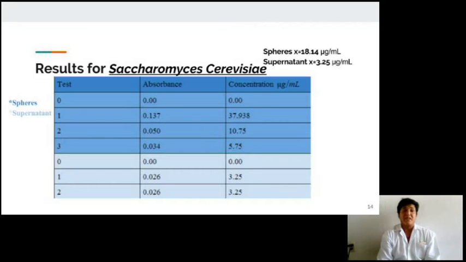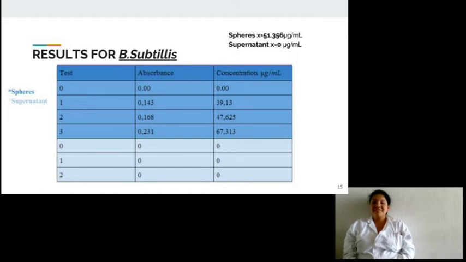The average in spheres is 18.14 and for supernatant is 3.25. The results for Bacillus subtilis are, for spheres, 51.35 and the supernatant is 0.